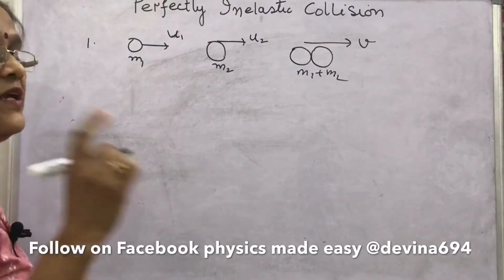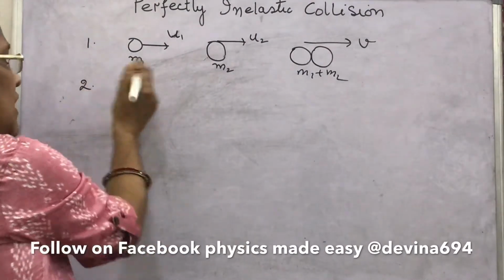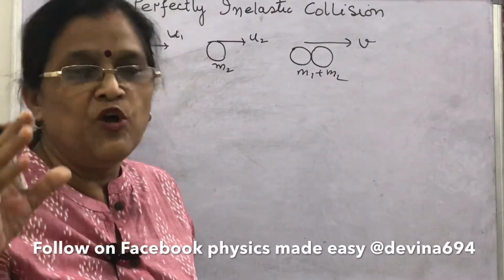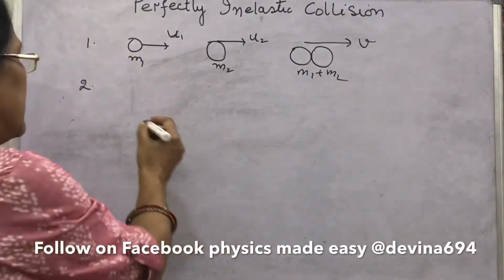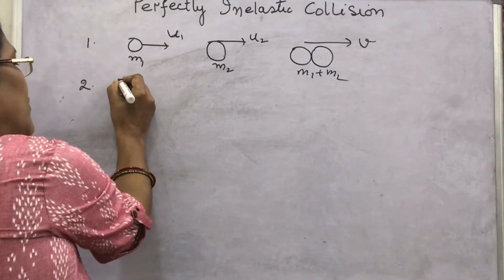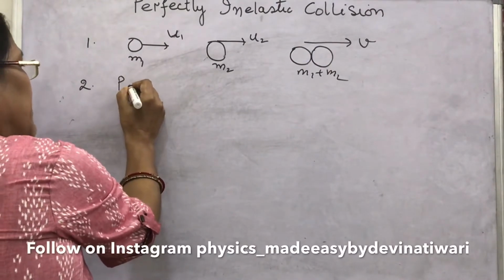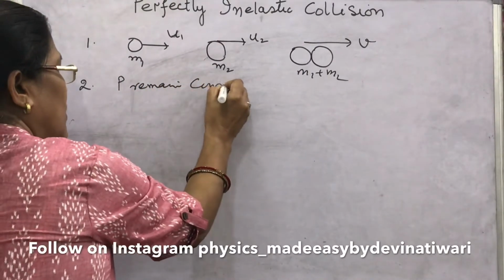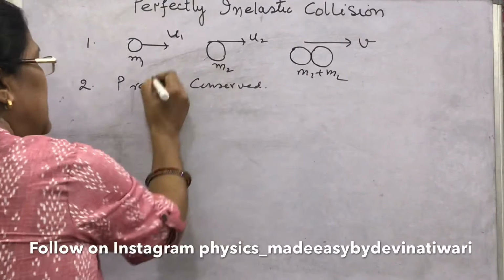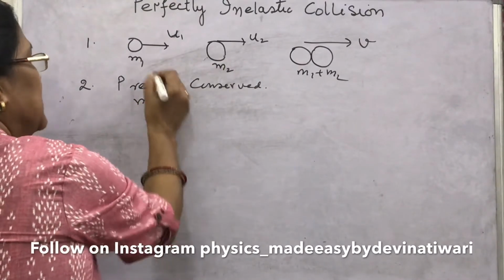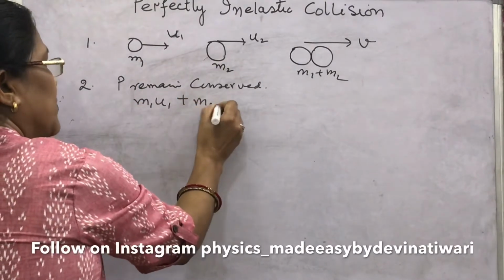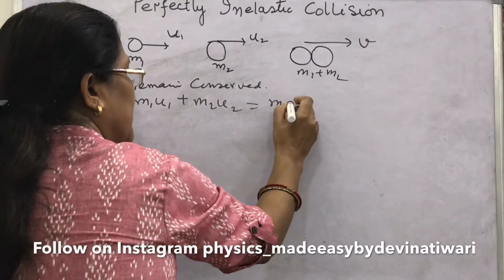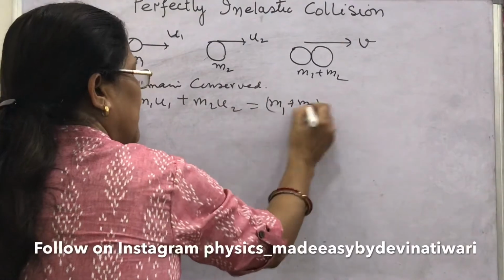What is the second thing to be learned? As in all collisions, what is the quantity which remains conserved? Momentum. So you will write here conservation of momentum: m1 u1 plus m2 u2, the initial momentum, will be m1 plus m2 into v, the final momentum.